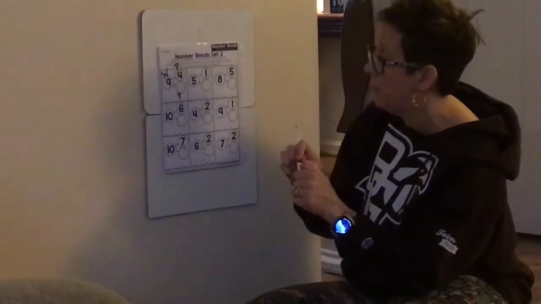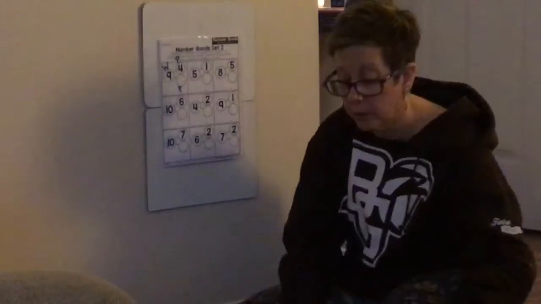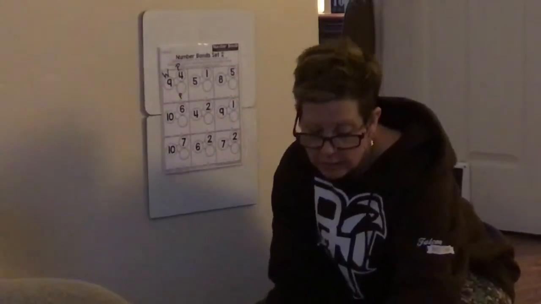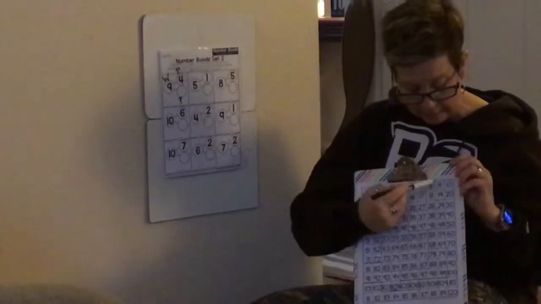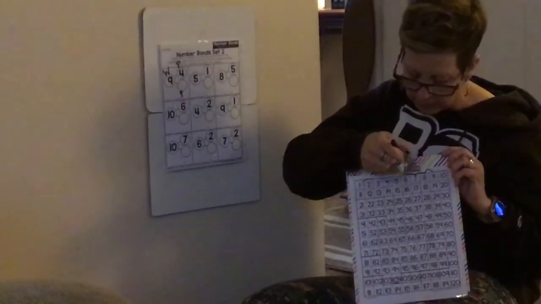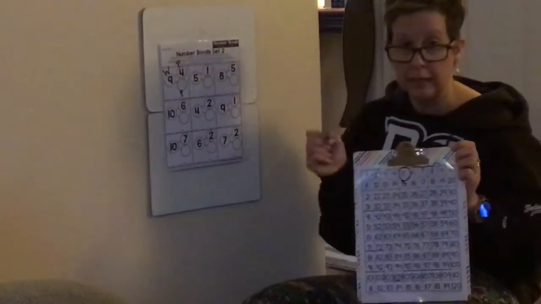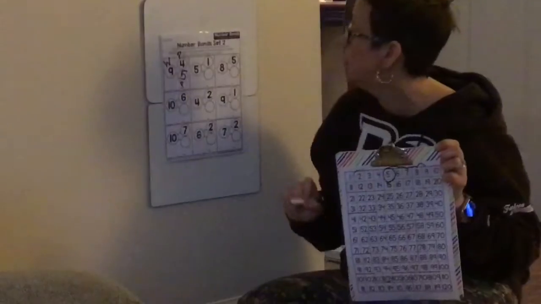Let's do the first one. We have 9 and 4. I'm going to take my trusty number grid, and I'm going to start at 9, take away 4, 1, 2, 3, 4. I landed on 5. So I'm going to fill in 5.